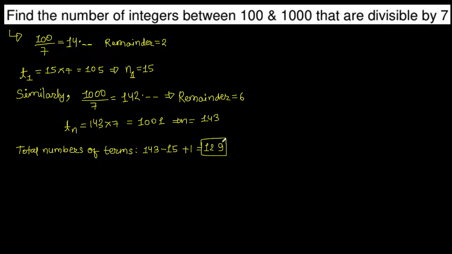Total number of numbers between integer 100 to 1000 which are divisible by, no, it is only 142.